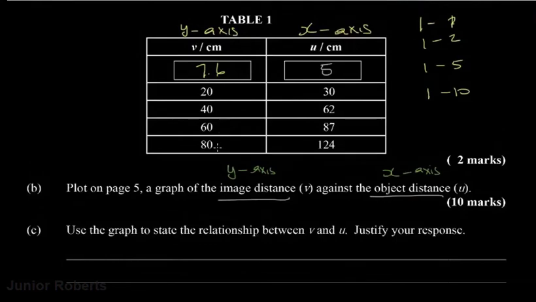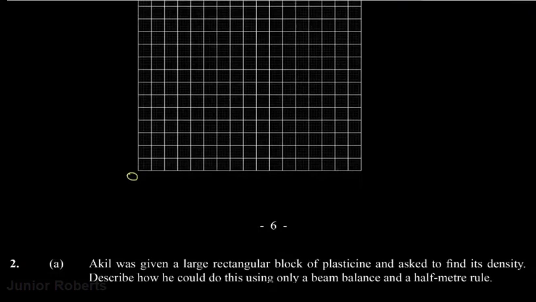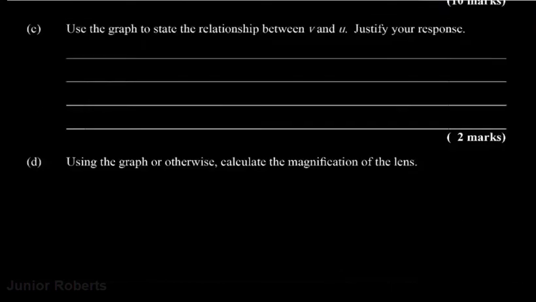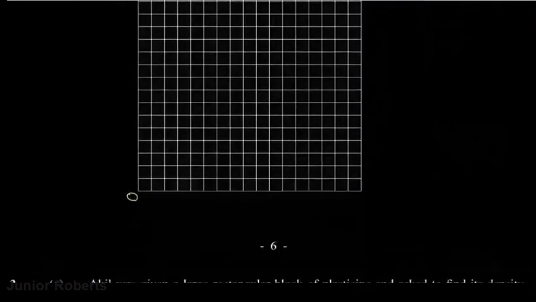So we can try 2. So let us try 2 and see what happens. So if we say 1 centimeter to 2, we will say 2, 4, 6, 8, 10, 12, 14, 16, 18, 20, 22, 24, 26, 28, 30, 32, 34, 36, 38, and 40. So therefore, that scale would not work either. So we can try 1 to 5. So let's see for 1 to 5. So at 1 to 5, we'll say 5, 10, 15, 20, 25, 30, 35, 40, 45, 50, 55, 60, 65, 70, 75, 80.